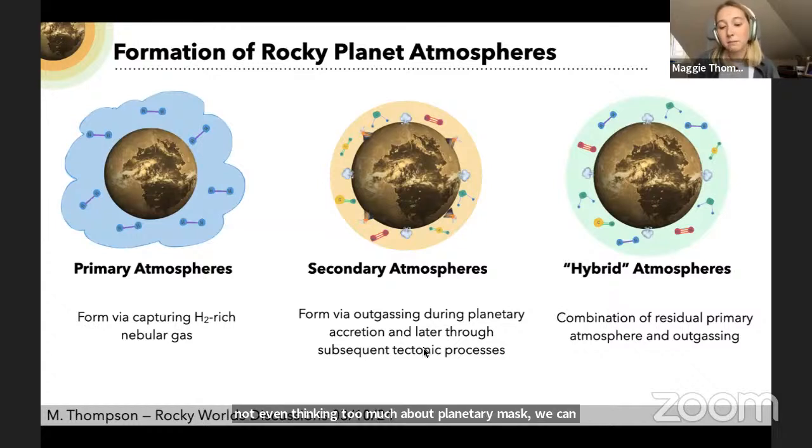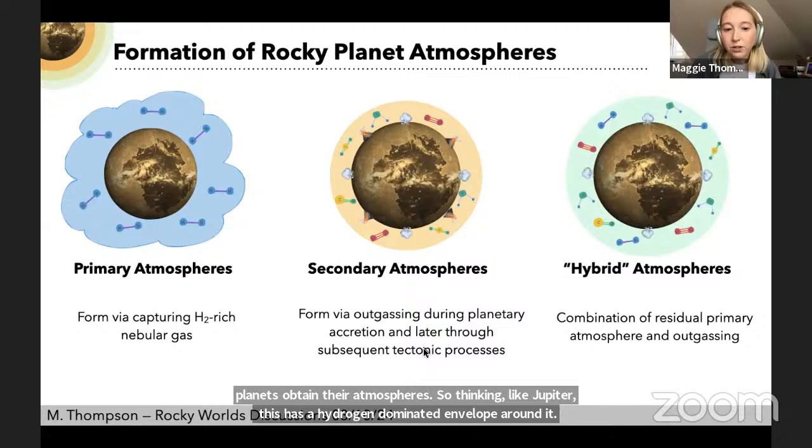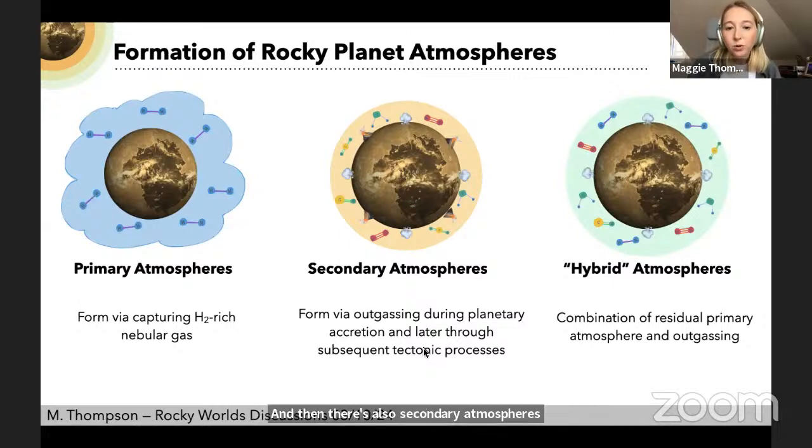This is the main mechanism by which the giant planets obtain their atmospheres. So thinking like Jupiter, this has a hydrogen-dominated envelope around it. And then there's also secondary atmospheres, and these form instead through outgassing during planetary accretion, and this process can continue through different tectonic processes.